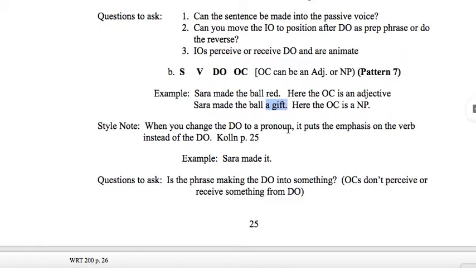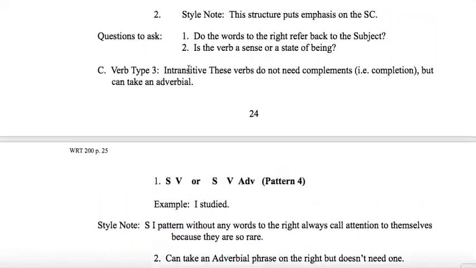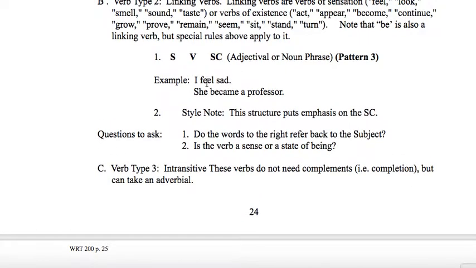So you can see what we're doing with all of our verb types is really focusing on the relationship of the words to the right of the verb and how they are related to each other. And we know in this transitive pattern that all of these words, whether they're adjectives or nouns, that come to the right of the verb have really nothing to do with the subject. They're separate nouns as opposed to our linking verbs. If we scroll back up here, which redefine the subject, the professor and she are the same people.